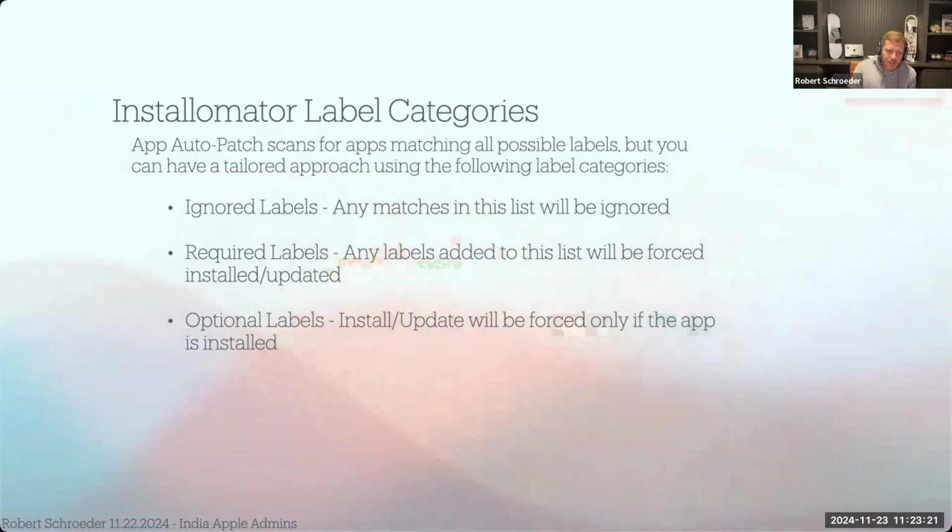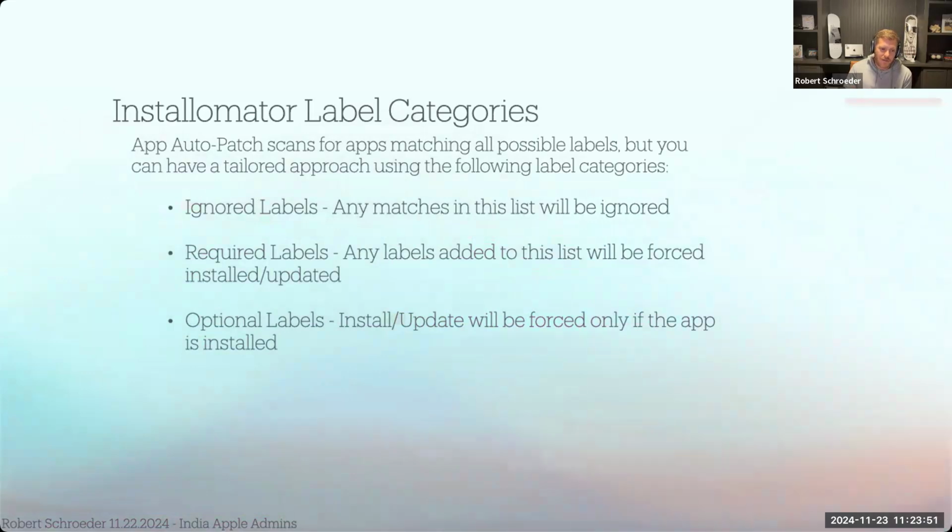Optional labels is kind of like a weird middle ground where the apps that you list in here will install or update applications only if they're installed, right? So this comes in handy for scenarios of ignoring all applications and patching only a set of applications if they exist. So what I mean there is we do accept wildcards into our parameters.